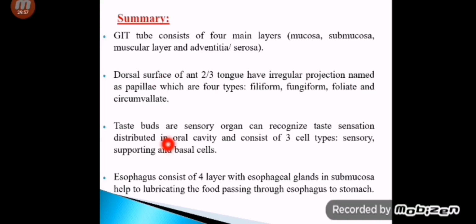The taste buds, which are sensory organs that recognize taste sensation, are distributed in the oral cavity and consist of 3 cell types: sensory, supporting, and basal cells. And lastly, the esophagus also consists of 4 layers, with esophageal glands present in the submucosa that help lubricate the food passing through the esophagus to the stomach.